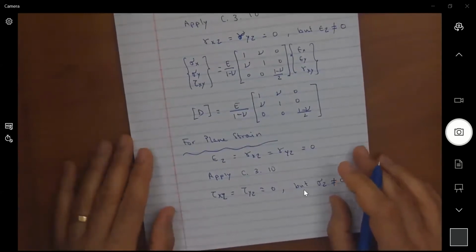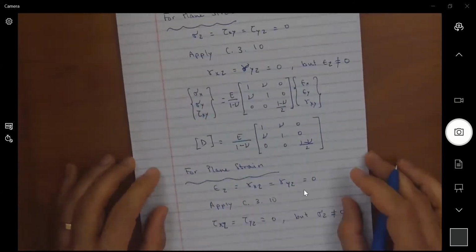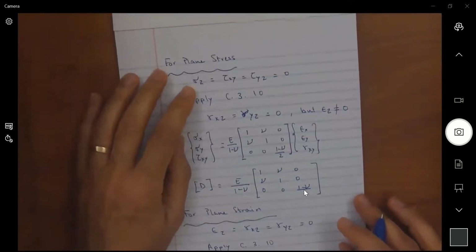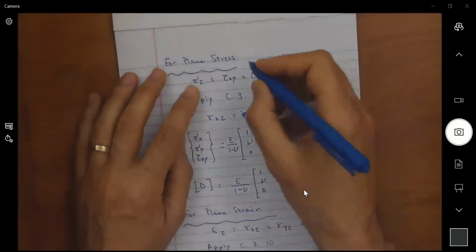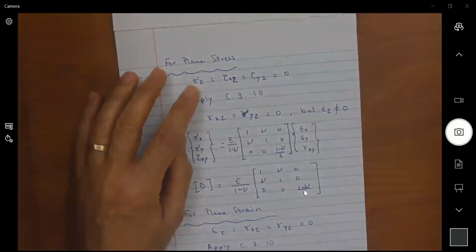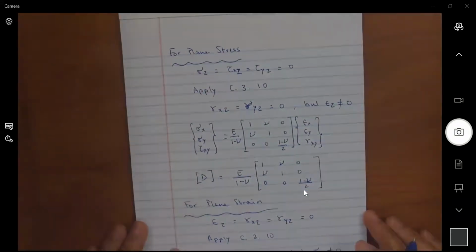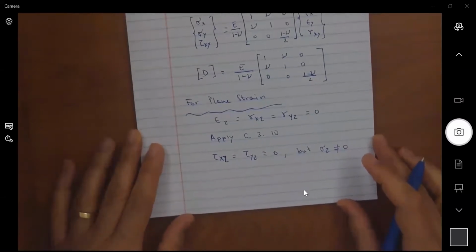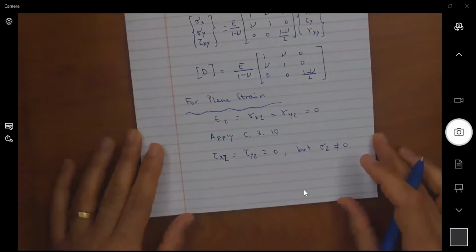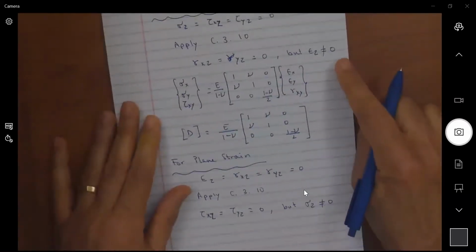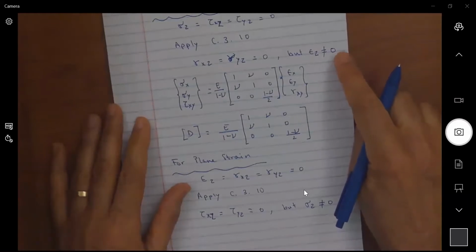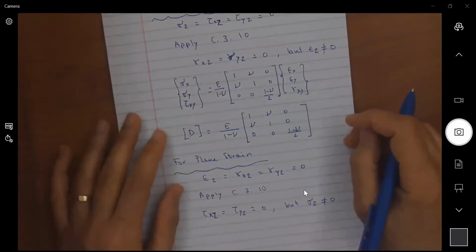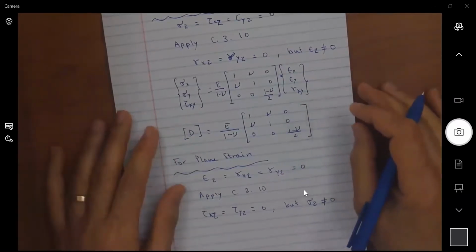Question: for the plane stress, was the first line supposed to be tau xz equal to 0? Yes, you are correct, this is tau xz. Thank you. Of course, tau xy is not equal to 0. And again, it's important to note that even though epsilon z is not equal to 0, I'm not including it in the relationship. Focus on the plane stress and plane strain relations.